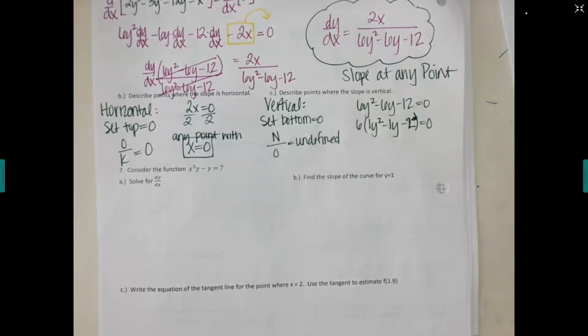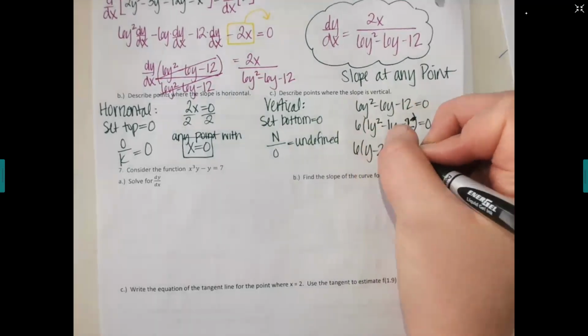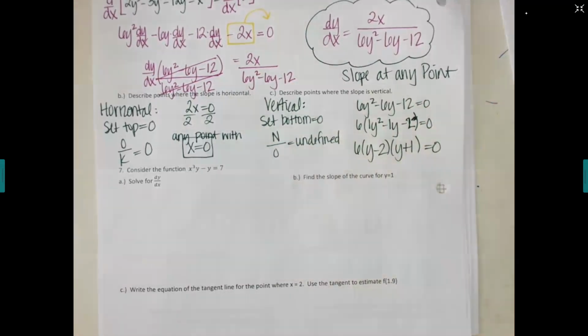Think about how we can factor that. I need numbers that will multiply to 2 and have a difference of -1. -2 and 1. Very good. So I have y minus 2 and y plus 1.